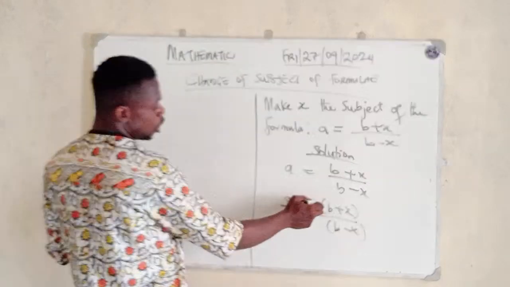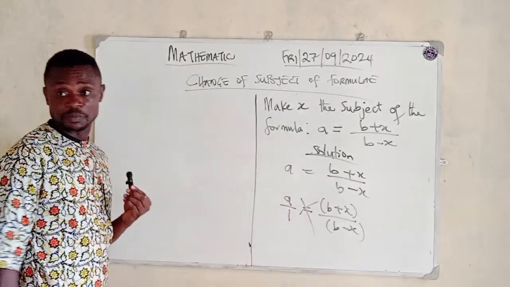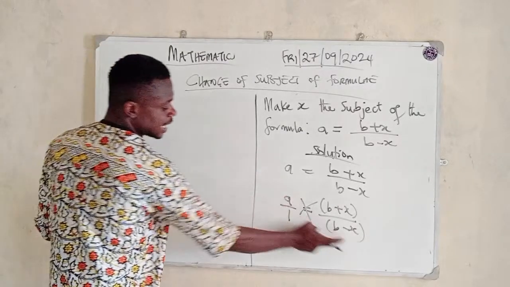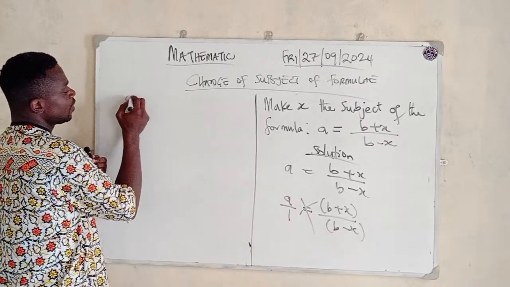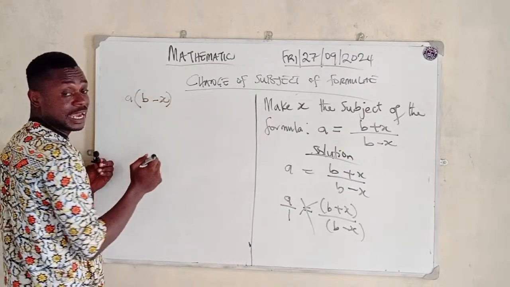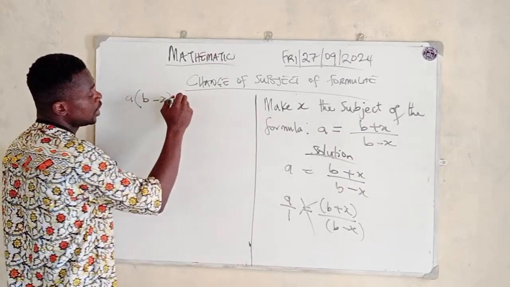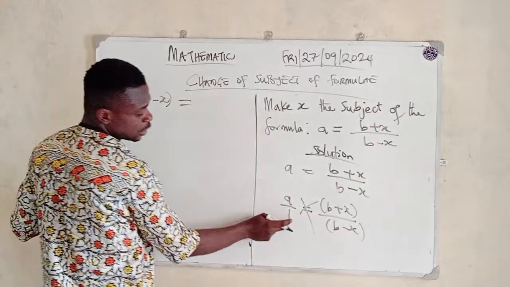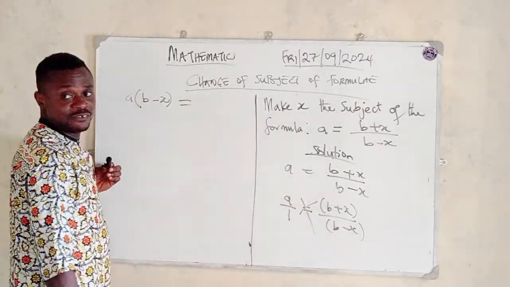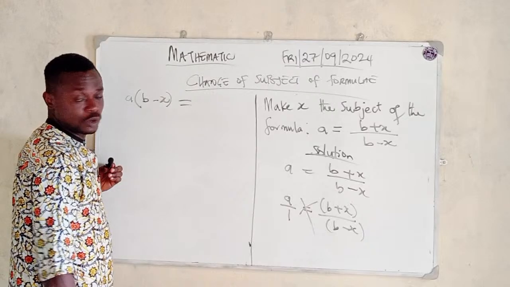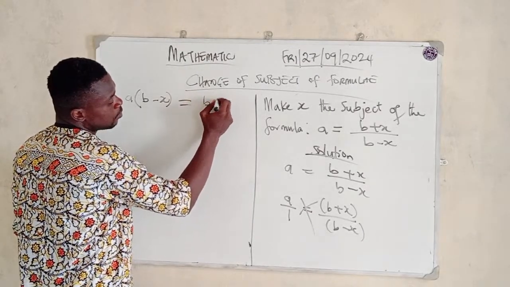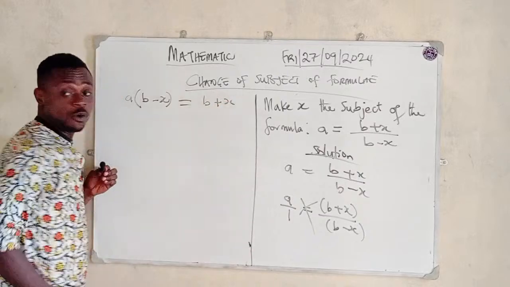So we cross multiply. Are we together? If we cross multiply, A times this, so we have A in bracket B minus X. It's equal to this times this. This one now will become invisible. So we have B plus X. Are you aware?